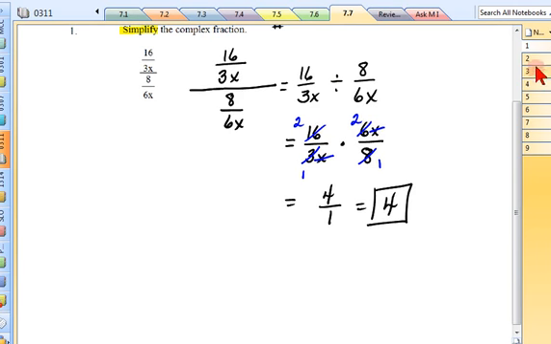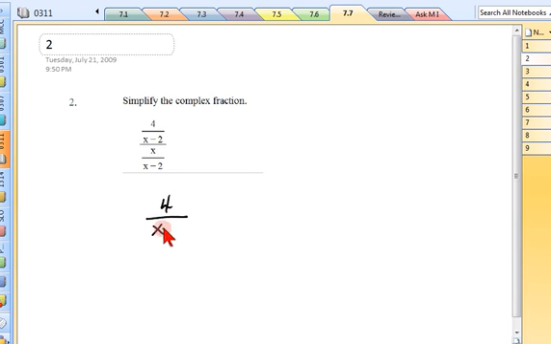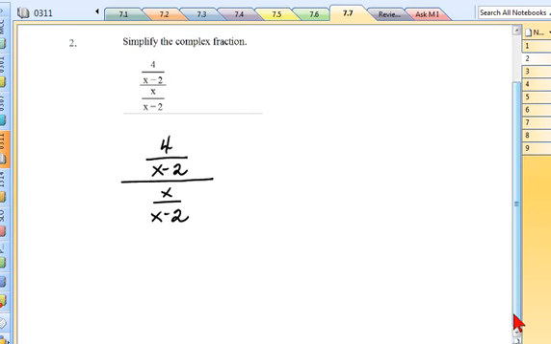Okay, let's look at number 2. Problem number 2 looks like, if I write it larger, it is 4 over x minus 2 all over x minus 2. I notice right away that it's a complex fraction.